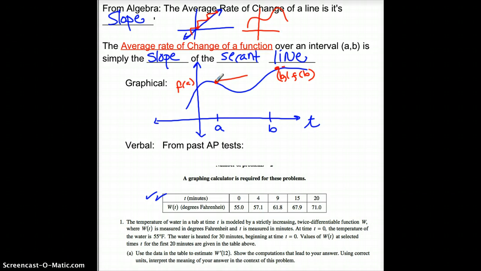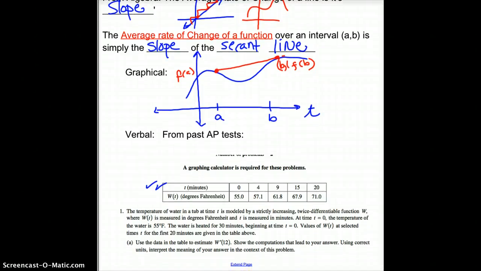And if I connect them with what we'd call a secant line, that gives us the average rate of change over the interval. It doesn't tell me what's happening instantaneously at any point, but as you squeeze that interval in closer and closer, like if I were to squeeze b in here, here, here, and do the secant line, then I am getting really close to the rate of change at the instant.